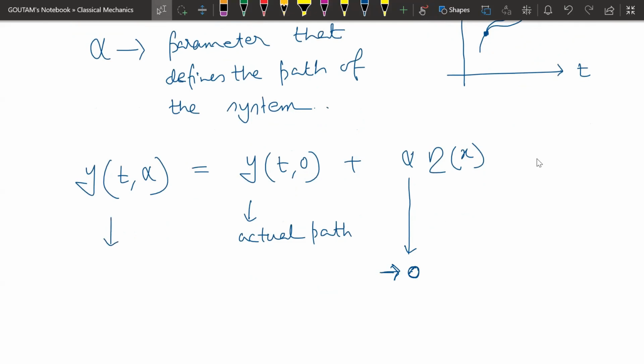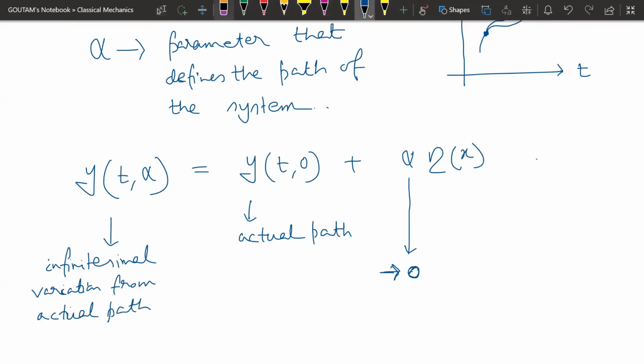This y(t, alpha) is an infinitesimal variation from the actual path, and eta(t) can be any arbitrary differentiable function.